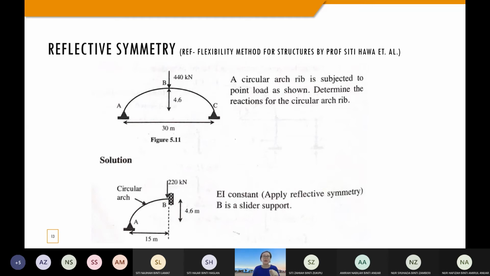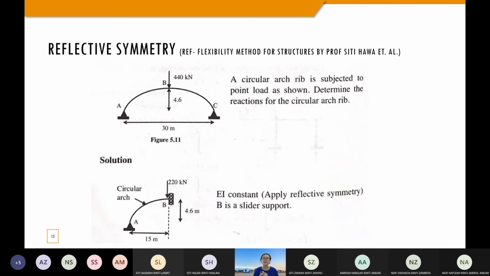Before you leave for your reading, I would like to highlight this reflective symmetry. This reflective symmetry principle is very important if you are dealing with a symmetric structure.